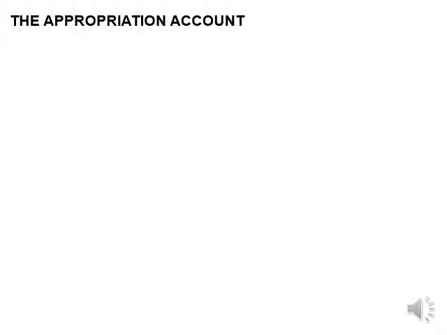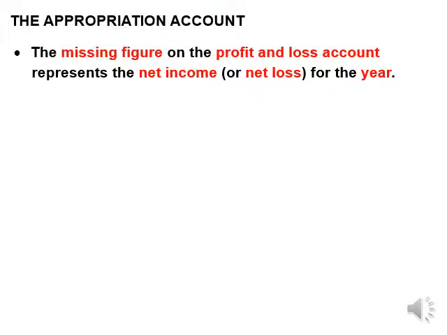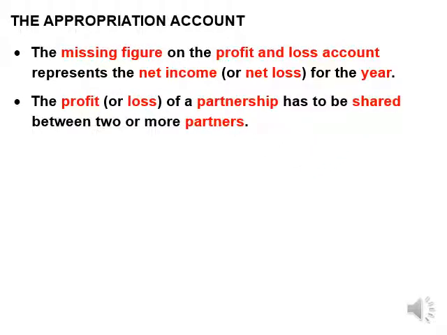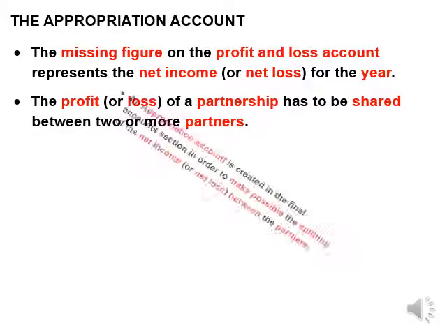We appropriate the profit to each partner according to the profit sharing ratio. The missing figure on the profit and loss account will either represent the net income or the net profit for the year. The profit or the loss of a partnership has to be shared between two or more partners.